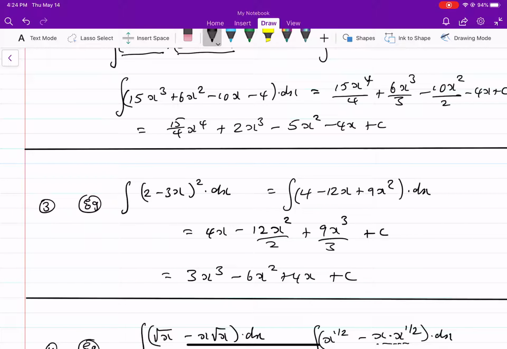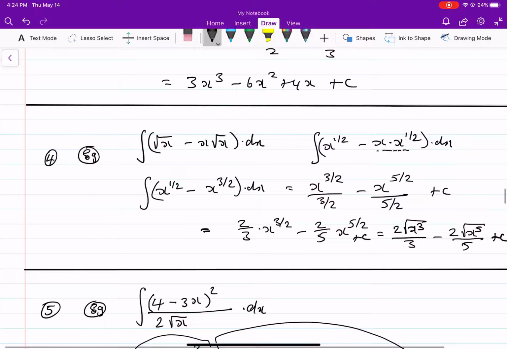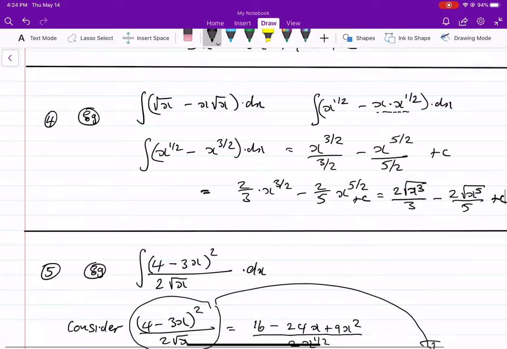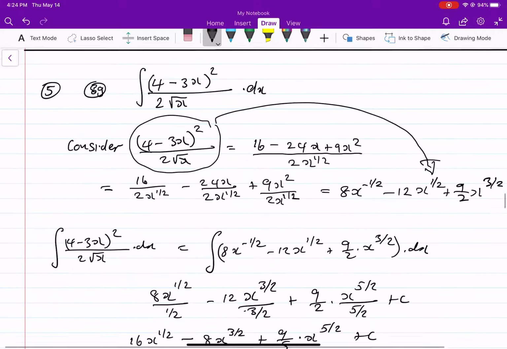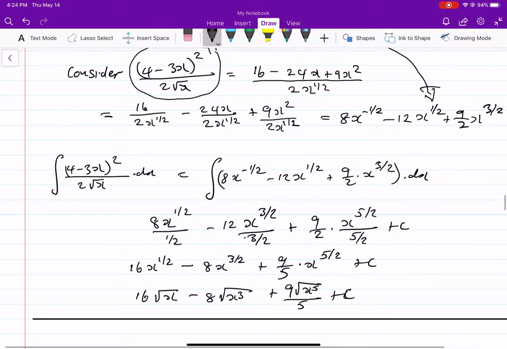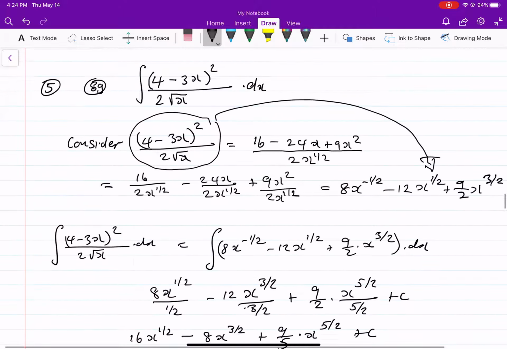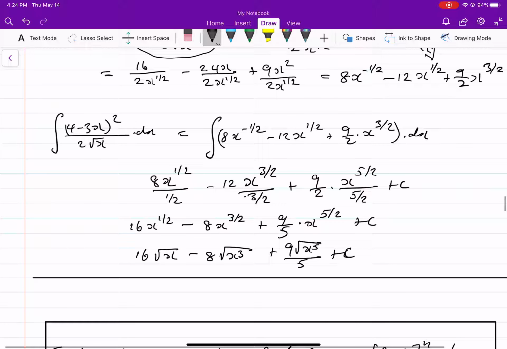You got to open that up, make it one polynomial. And then you're going to throw in the radicals and the roots. You got to show that you know your laws of indices to merge the function into a single polynomial again. And then the ratio of two functions, which you got to massage and put in the form of a single polynomial and integrate.